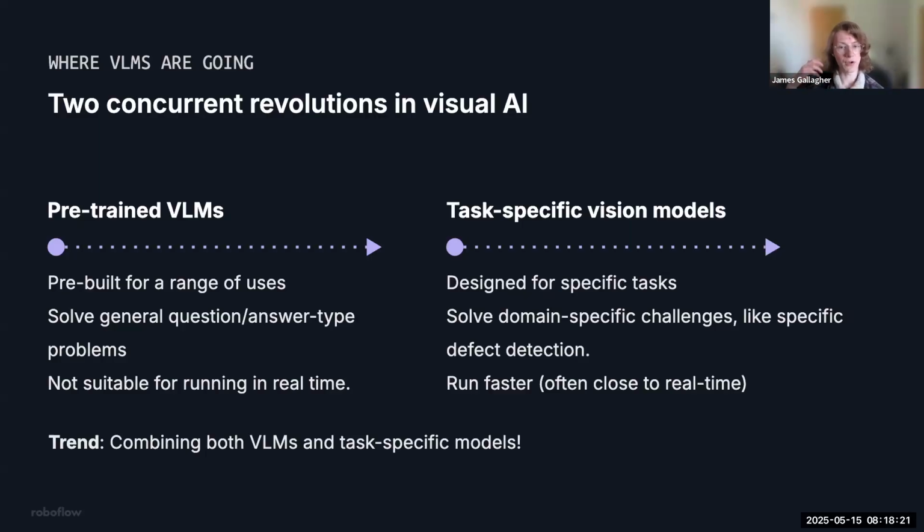And then on the other side, we've got these task-specific vision models. We've been talking all about VLMs, which are trying to do a lot of different things in a lot of different domains. But ultimately, a lot of the use to be found, certainly in enterprise and also for side projects, is in very specific domains where you expect the best possible performance.